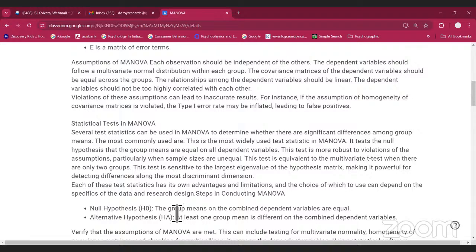It tests the null hypothesis that the group means are equal on all dependent variables. If it is the null hypothesis that the group means are equal on all dependent variables, what is the meaning of this? There is no effect of the independent variable on the dependent variable.